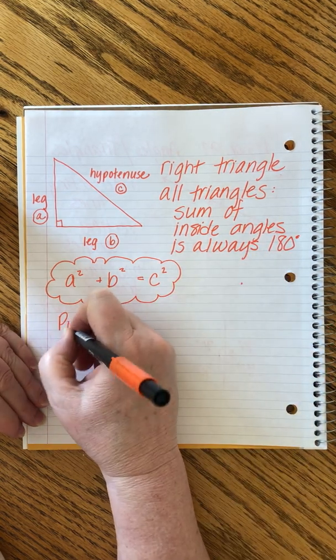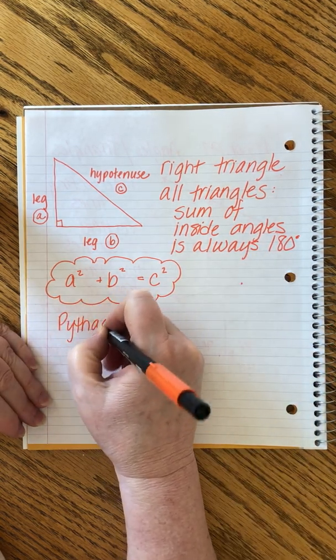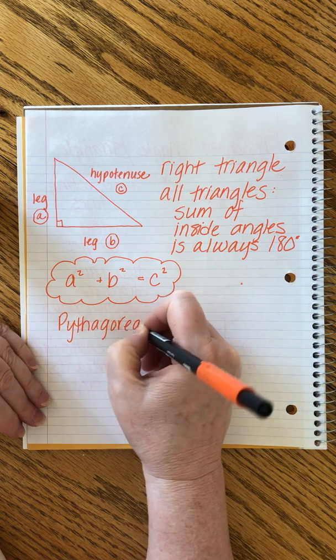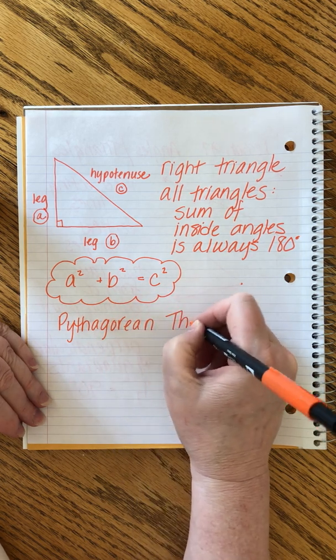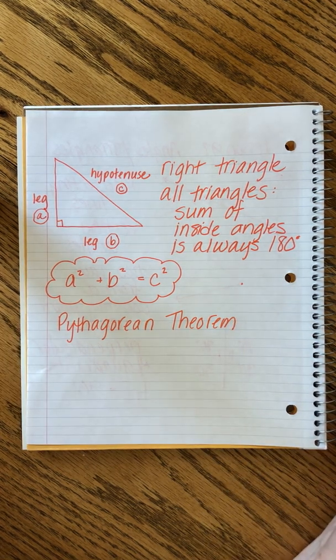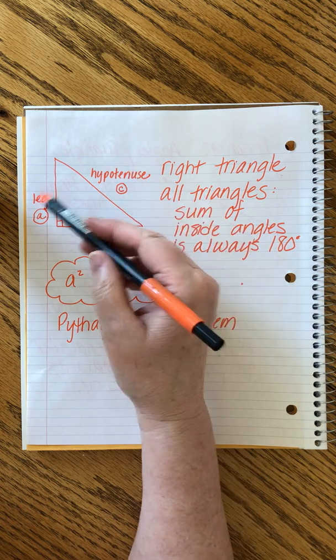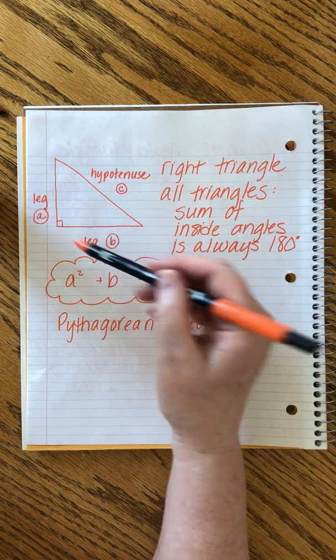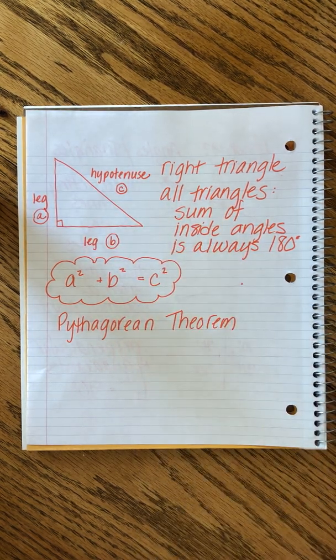This is called the Pythagorean theorem, and it is a super useful tool. We're going to start putting it to use right now with some simple calculations. It allows us to solve for a missing side, right? If we have two of the sides, we can find the third.